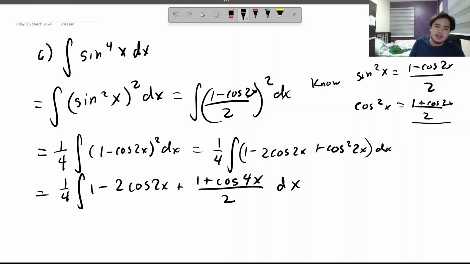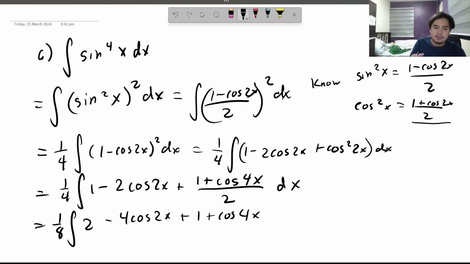Let's put 1/2 outside. So this becomes 1/8, and then this is 2, right? Minus 4 cosine 2x plus 1 plus cosine 4x. I did this by using our old friend again, multiplying both the numerator and the denominator by the same thing.